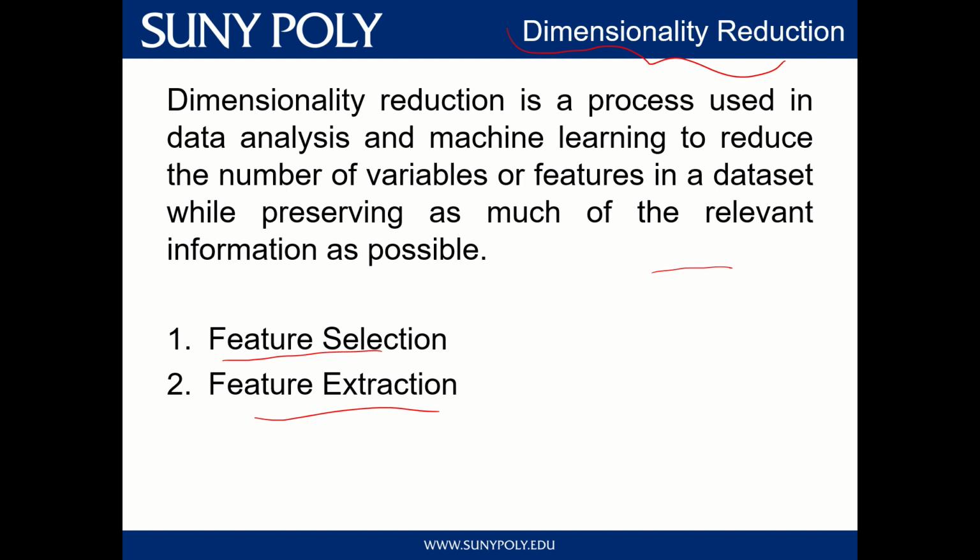What's the difference? In feature selection, maybe you have, I would say, 1,000 variables, x1, x2, up to x1000. Feature selection means that you're going to take a subset of those variables. Let's say that at the end we end up with just 30 variables in total.